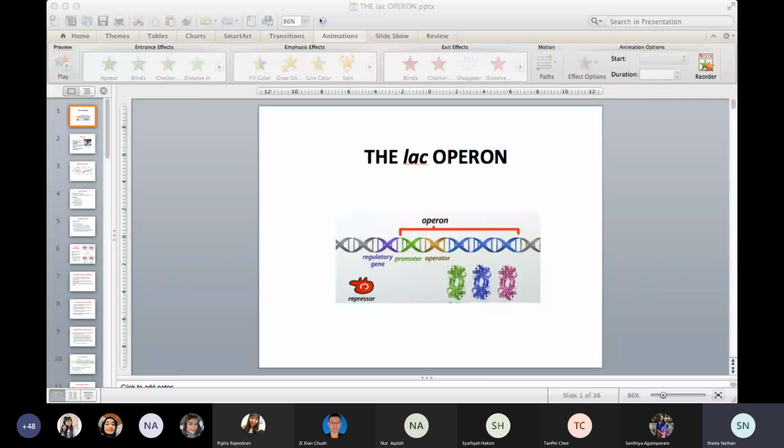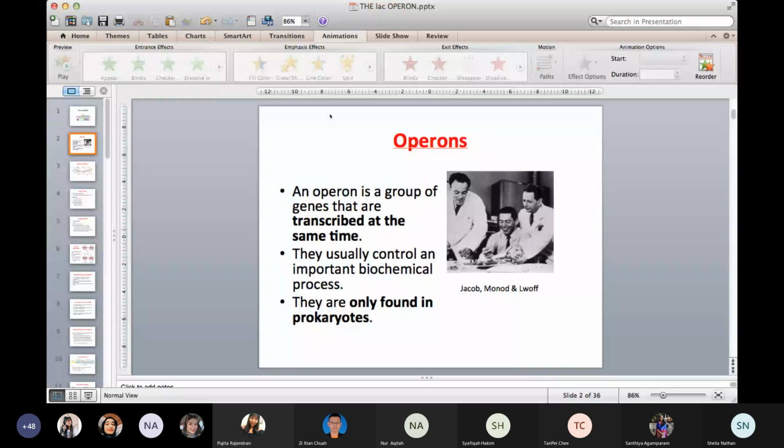Operons were first identified by these 3 people, Jacob, Monod, and Lwoff. Those of you who are doing biochemistry have probably heard of at least Jacob and Monod. Essentially, an operon is a group of genes that are transcribed at the same time, and the proteins coded by these genes control one important biochemical process.